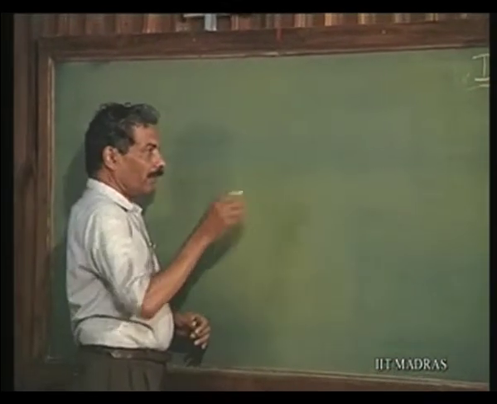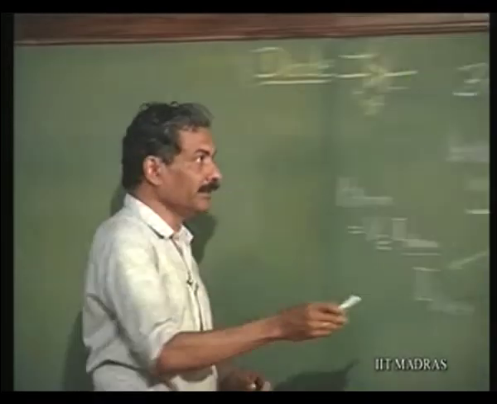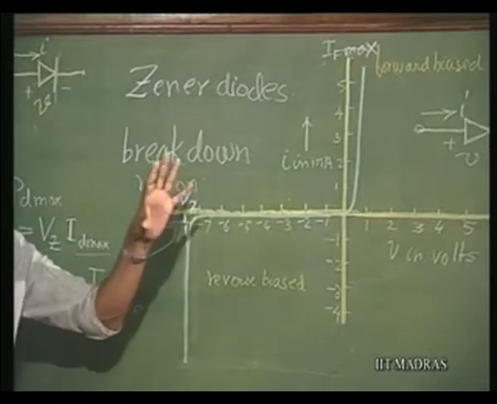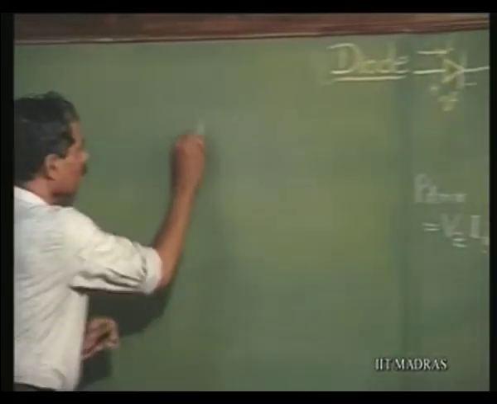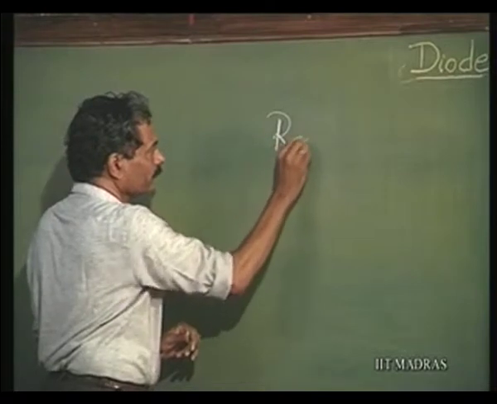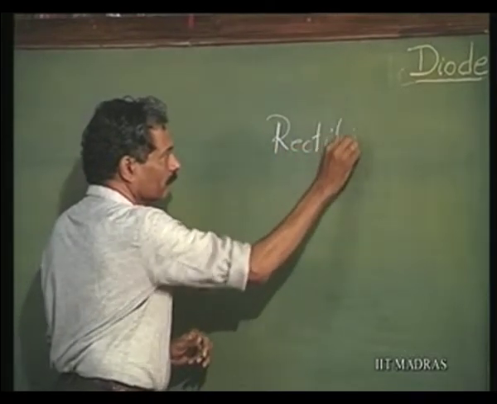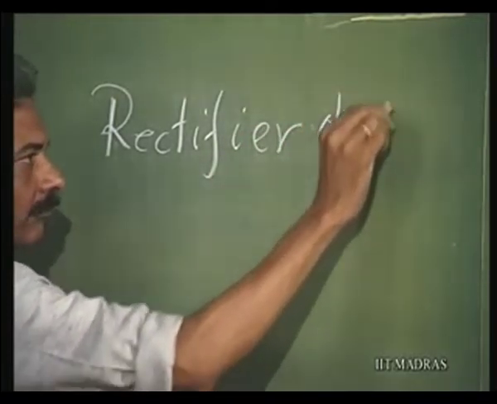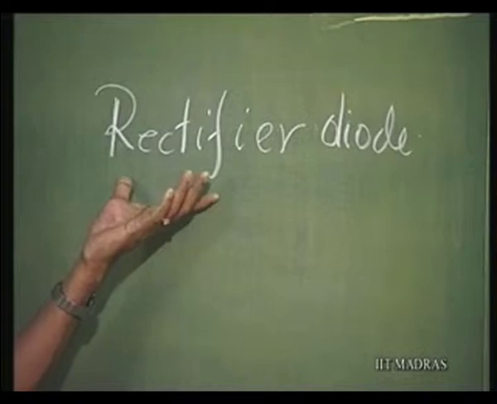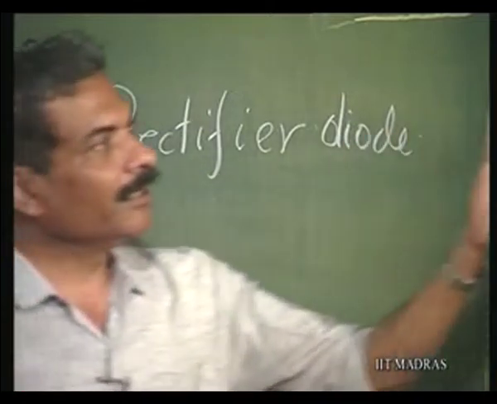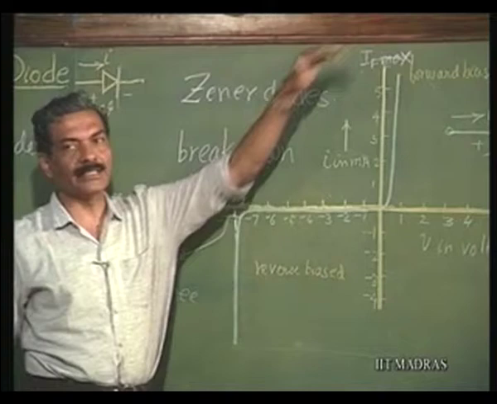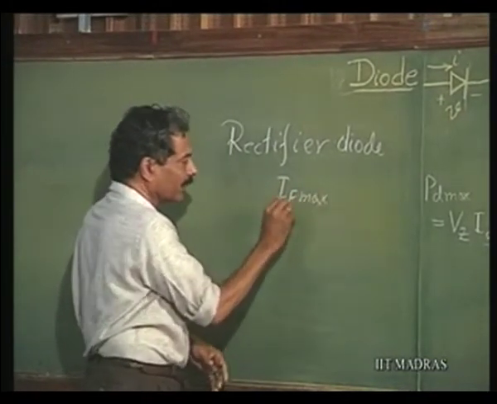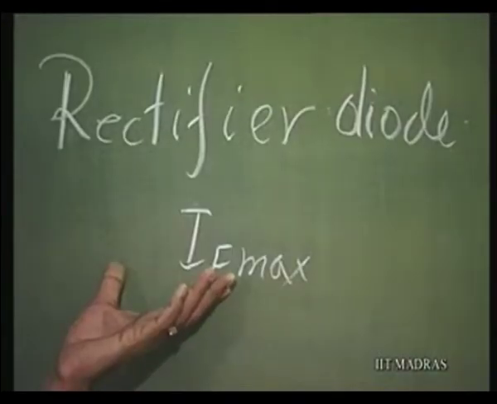Now, obviously, if the diode is manufactured to operate only in this region, that diode is called a rectifier diode. What are the specifications of the rectifier diode? It is in the forward direction permitted to carry a maximum current. In the forward direction there is a maximum current up to which you can operate.